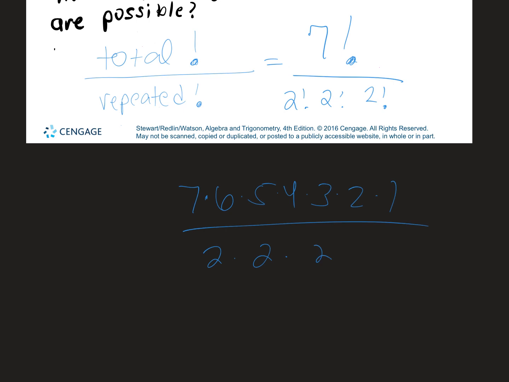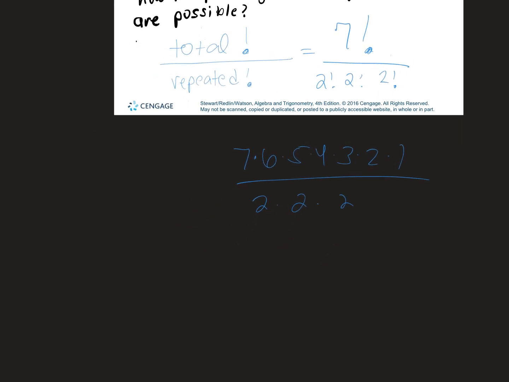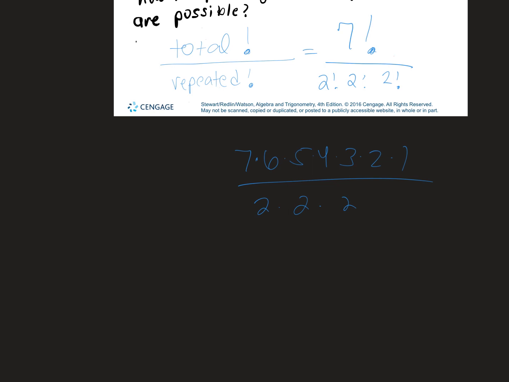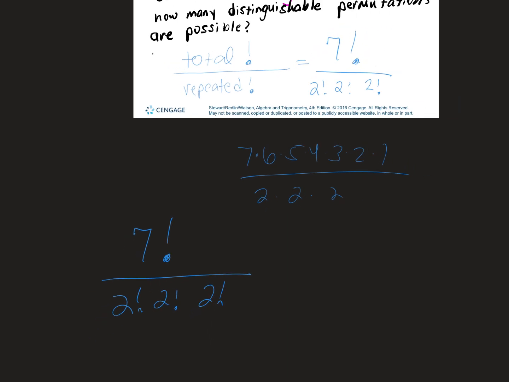Or you could use the factorial button in your calculator. That same button that has the PRB. You have 7 with an exclamation point. It's not a very excited 7. We remember what factorial means. And then it's divided by 2 factorial, 2 factorial, 2 factorial. Make sure you put the denominator in parentheses.